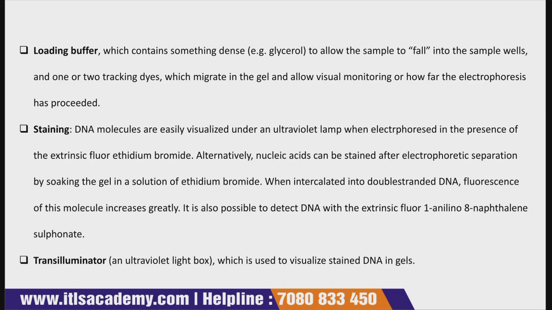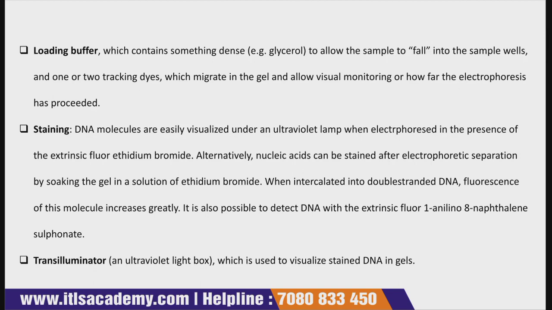Now comes the staining. DNA molecules are easily visualized under an ultraviolet lamp when the electrophoresis is run in the presence of ethidium bromide. Alternatively, nucleic acid can be stained after electrophoretic separation by soaking the gel in a solution of ethidium bromide.